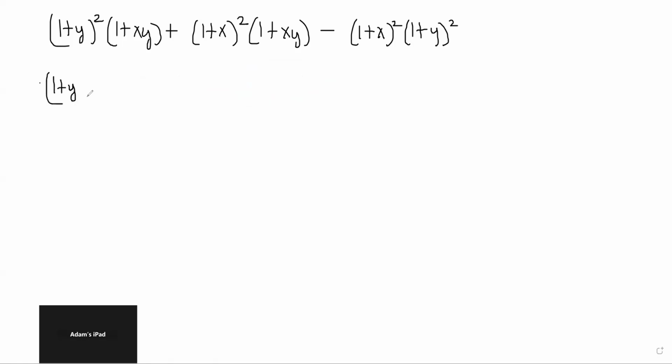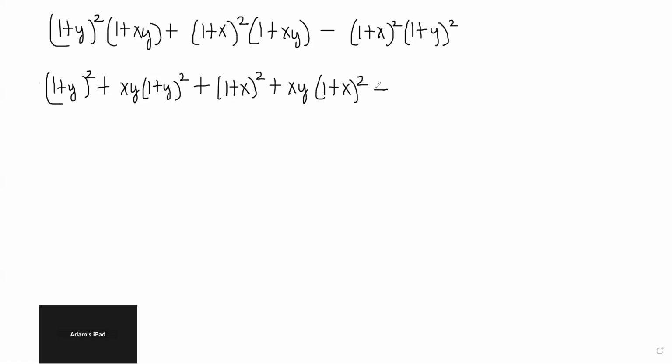So (1+y)^2 plus xy into (1+y)^2, plus (1+x)^2 plus xy into (1+x)^2, minus (1+x)^2 (1+y)^2, right? Okay. So we will have to simplify it further.